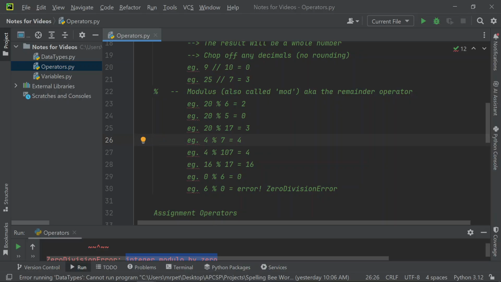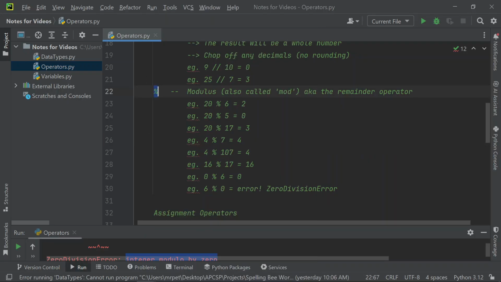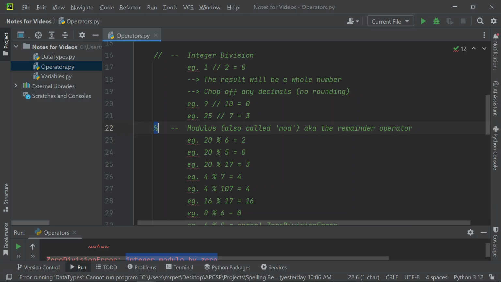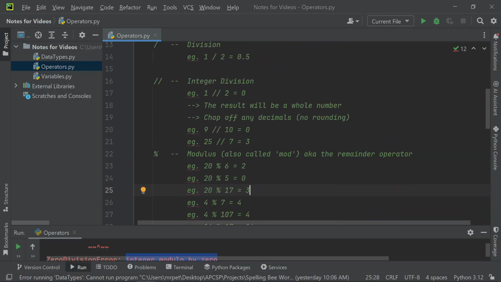You have to know how modulus works. You have to know and memorize this symbol, and know that it stands for modulus, not percent anymore. We do not use this symbol in programming for percentage, unless it's describing a problem, like in a word problem. But typically in code, always in code, this stands for modulus.